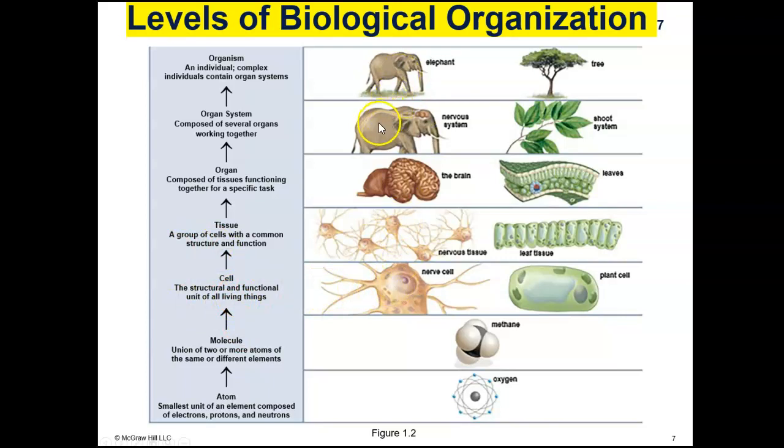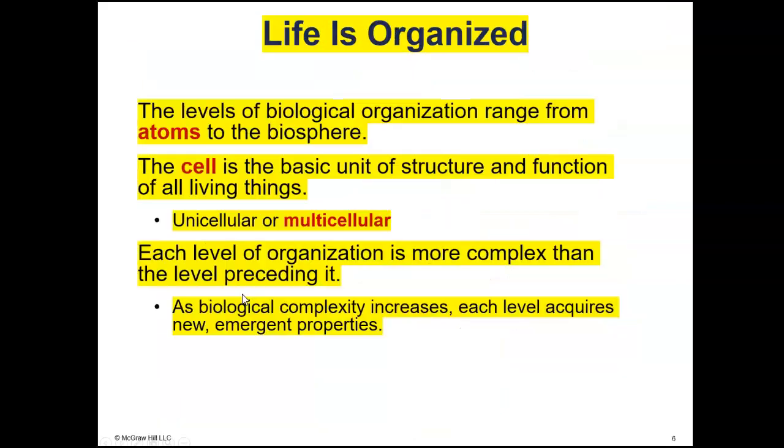So organ systems interact to maintain homeostasis. The nervous system interacts with the cardiovascular system. You couldn't have that property at the level of the cell because you don't have organ systems at the level of the cell. So emergent properties are just properties that depend on the level of organization becoming more complex.